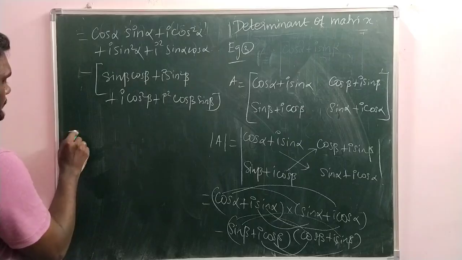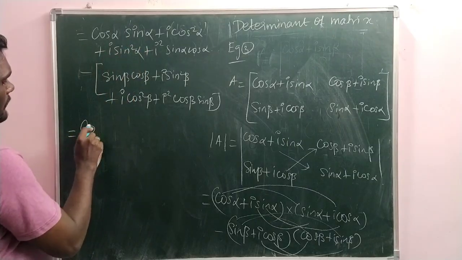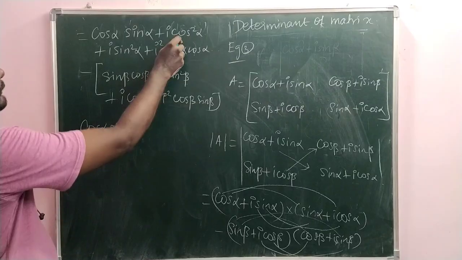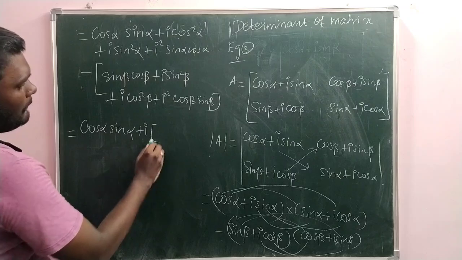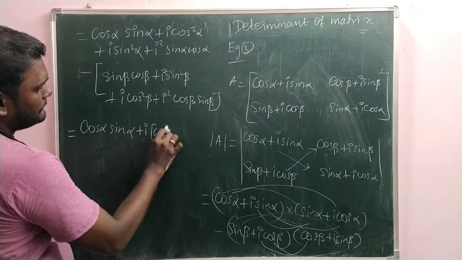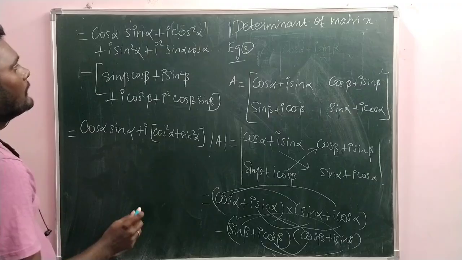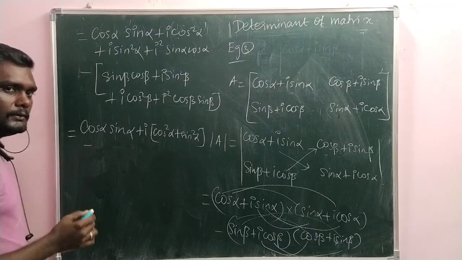Okay, so this one cos alpha sin alpha will be as it is, we can't simplify this, and these two terms we take i common: cos square alpha plus sin square alpha, and plus i square will be negative. i square is minus 1, right?